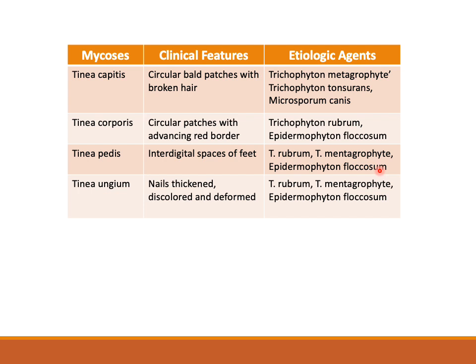The agents are Trichophyton rubrum, Trichophyton mentagrophytes, and Epidermophyton floccosum. And then for the Tinea unguium, that's the nails. The nails become thickened, discolored, and deformed. We have Trichophyton rubrum, mentagrophytes, and Epidermophyton floccosum as the usual etiologic agents.